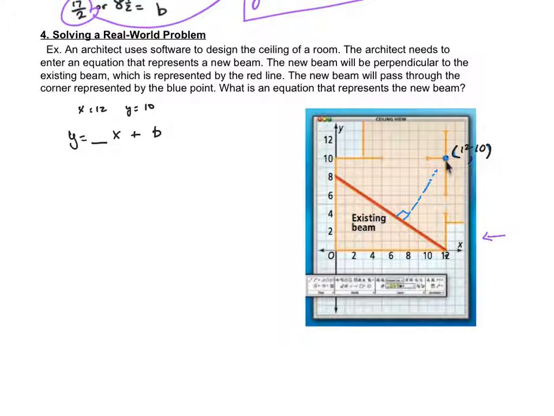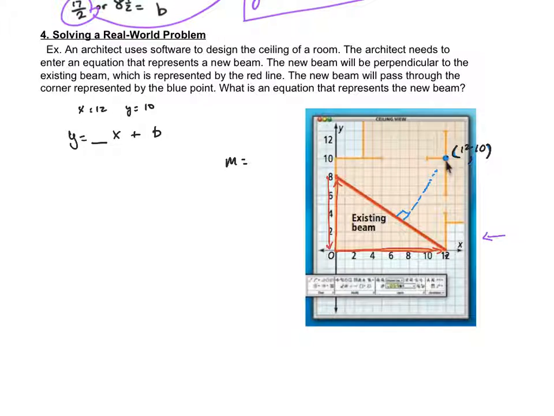And what else do we know? Well, I know that my slope should be equal to the opposite reciprocal of the red line. So if I count the slope on this line quickly, I could say my rise is going to be going up 8 and going right 12, or in this case, going down 8 and right 12.